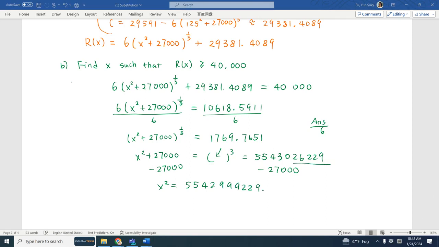Okay. And then the x is the square root of this answer.